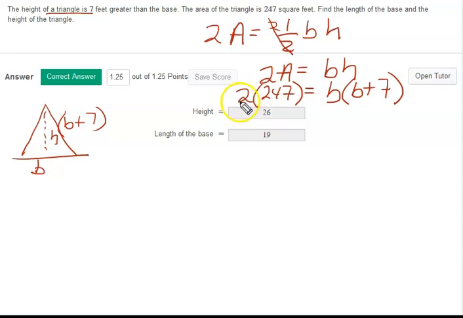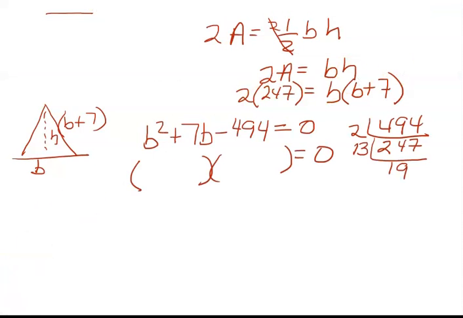So the protocol would be: find this, distribute this, put it in standard form, and then it should factor because the answers are whole numbers. I multiplied 2 times 247 and got 494. Distributed this, brought that over to the other side, and I end up with this trinomial equals 0.